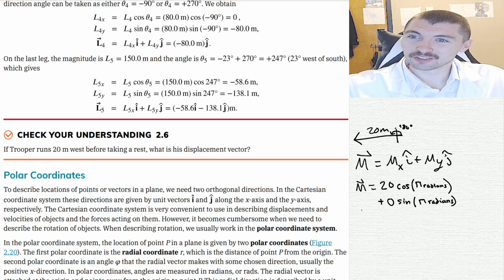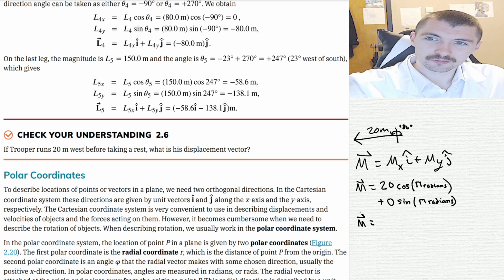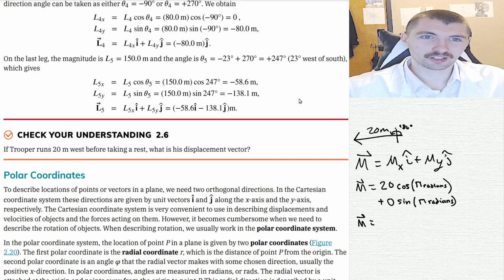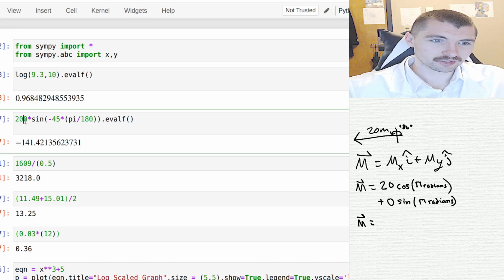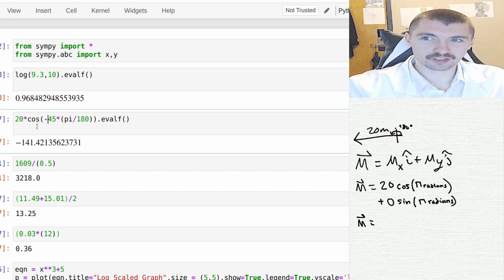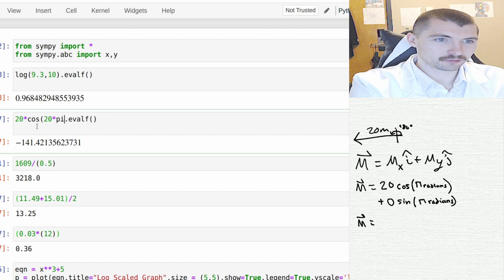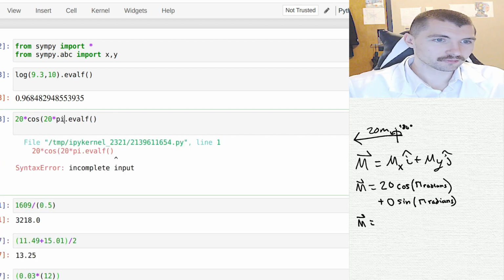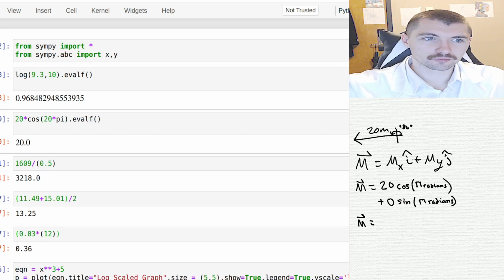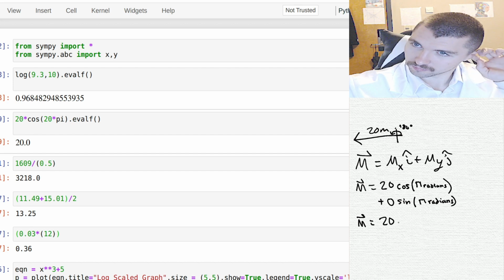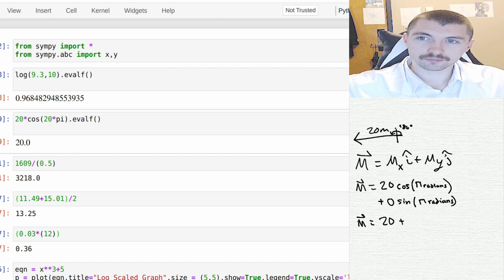So m is 20 times cosine of pi. I think this would be the magnitude of this whole vector.